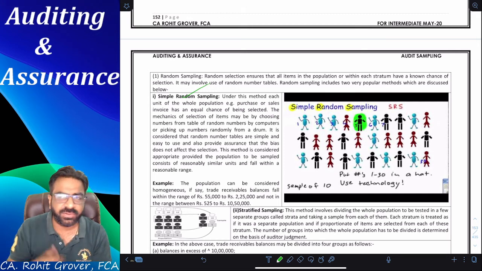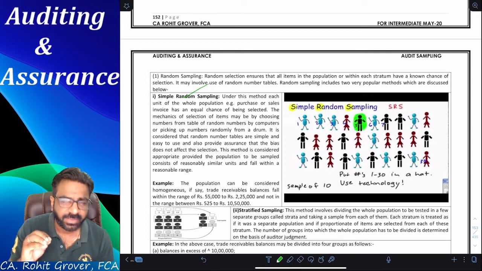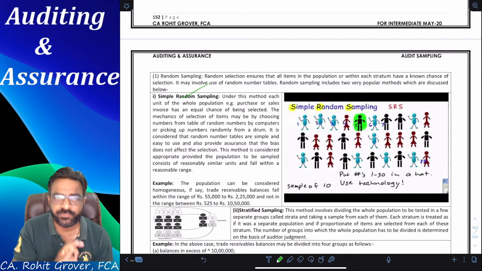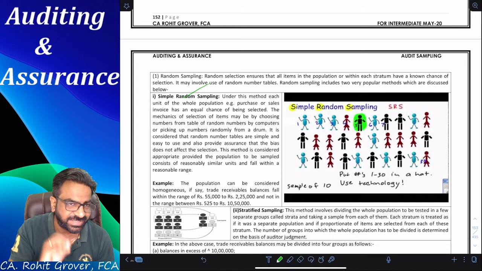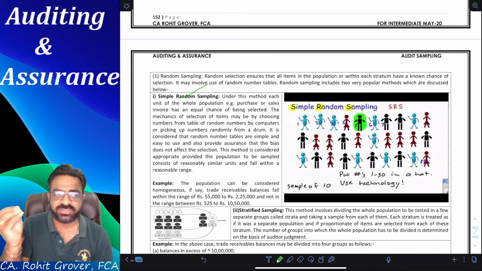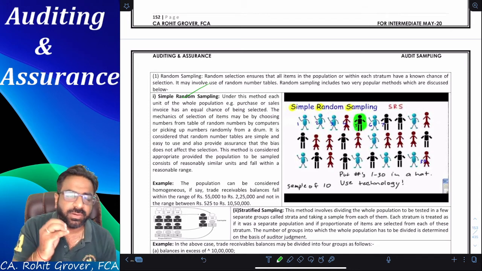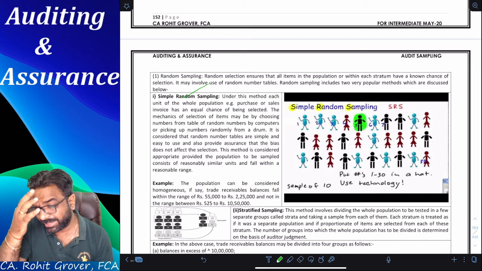After that, we are going to start with the topic called what? Analytical procedures, our standard number SA 520. Once 520 is over, I can say that your whole 500 series will be over. Then we will be doing 315, risk assessment and internal control. That will take another 2 classes. And then we will start with the chapters called audit of different items and audit of different entities.